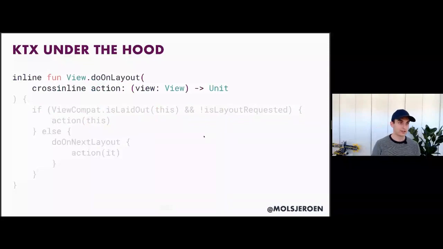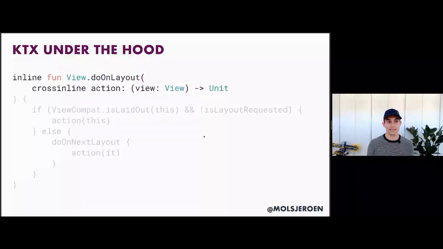And then if you look at the function signature, it makes use of a lot of powerful Kotlin features. It's an inline function, meaning that there won't really be any significant runtime overhead. It's an extension function on view, so you can just call it within a view as if it's a member function. And then lastly, it uses a lambda as the last parameter.